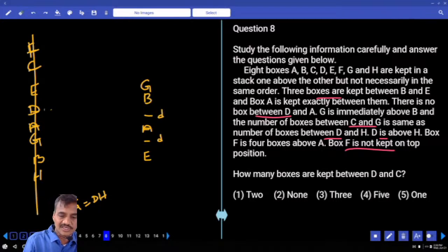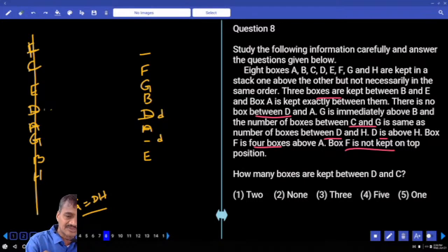Now in this second case, F is 4 boxes above A. 1, 2, 3, 4. And there is at least one more box above this F, because F cannot be at the top. And 1, 2, 3, 4, 5, 6, 7, 8 were fixed. Then C and G, D and H. Now if you take D at this place, then between C and G there is 1.